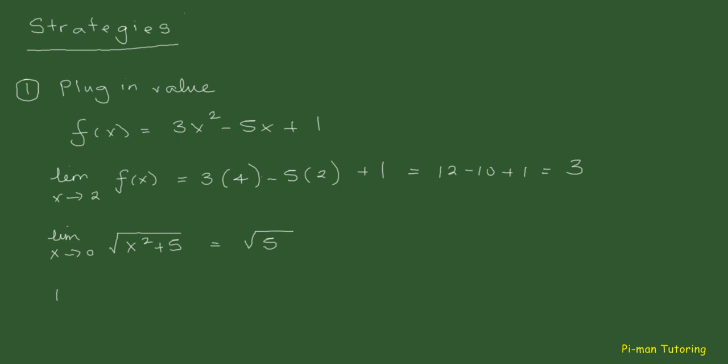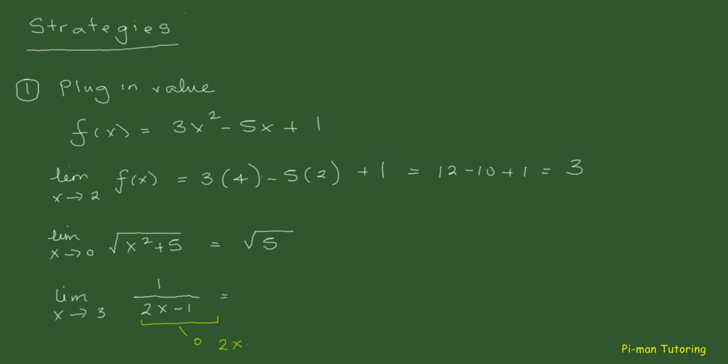Let's try one more. Let's try the limit as x tends to 3 of 1 divided by 2x minus 1. Now here we have a reciprocal function, and we know that such a function does have a discontinuity. This function will be badly behaved whenever the denominator is 0.